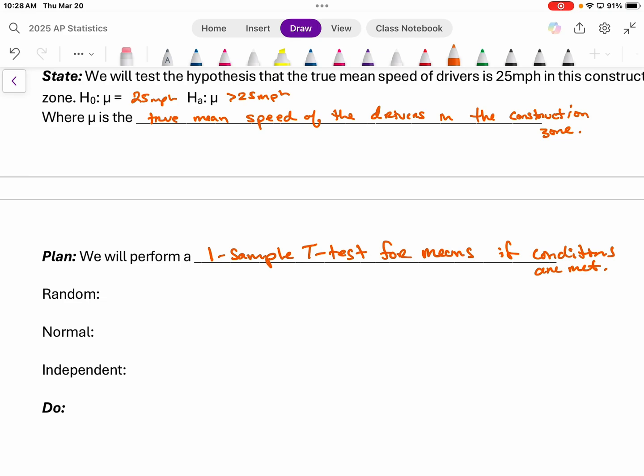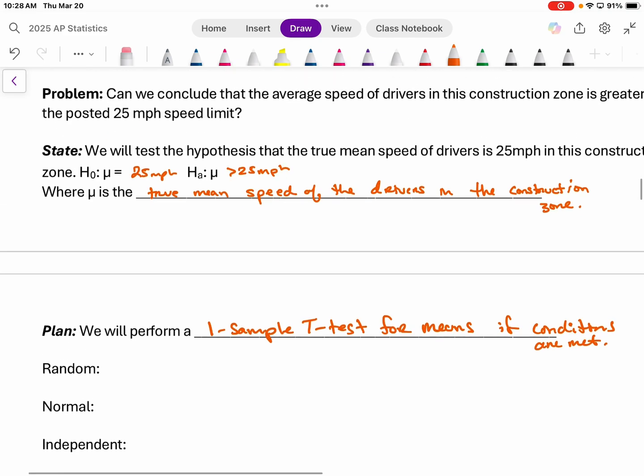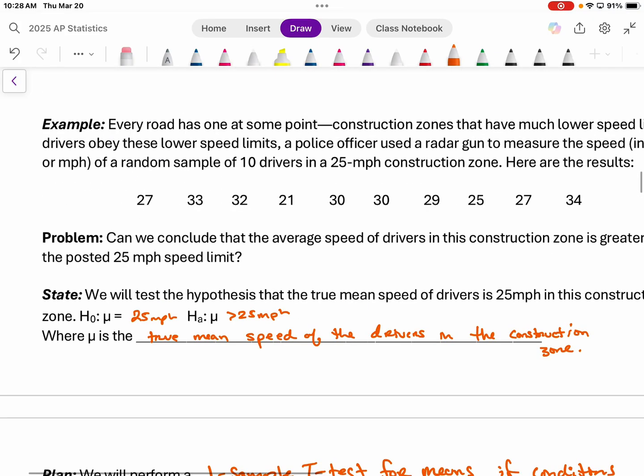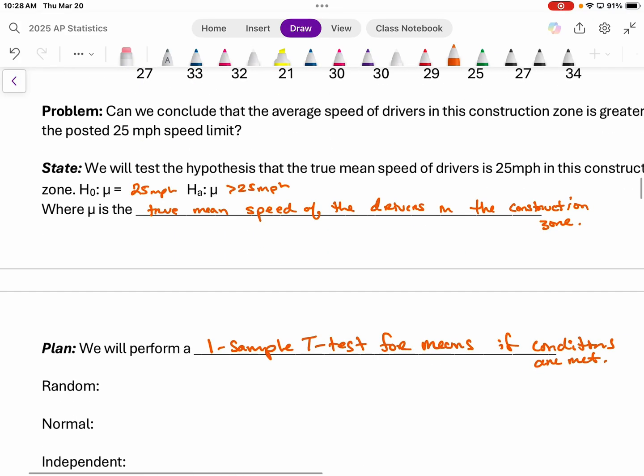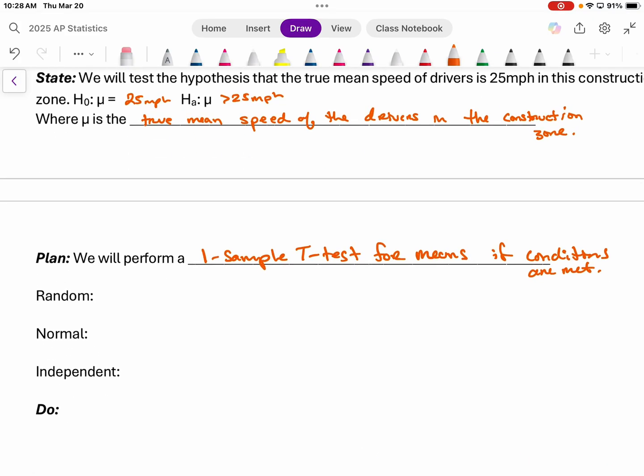All right, let's see. They told us in the problem, random sample of 10 drivers. So fantastic, we got a random sample of 10 drivers.